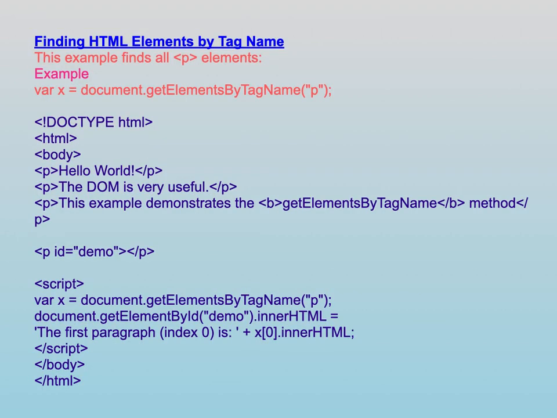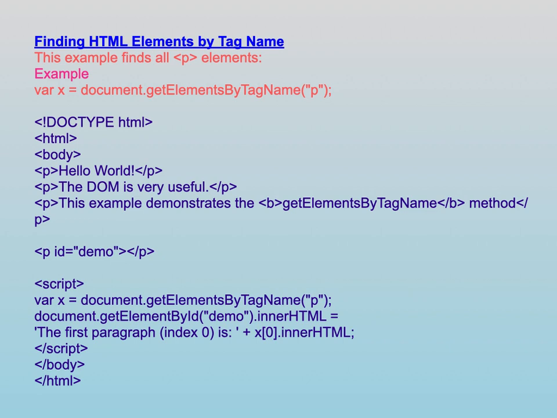Finding HTML elements by tag name. This example finds all paragraph elements. In our example, there is an instruction var x = document.getElementsByTagName("p"). So here we have identified elements by using the tag name.